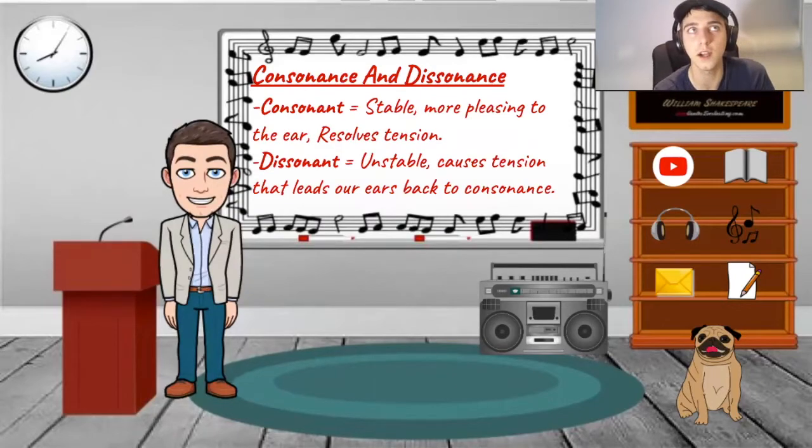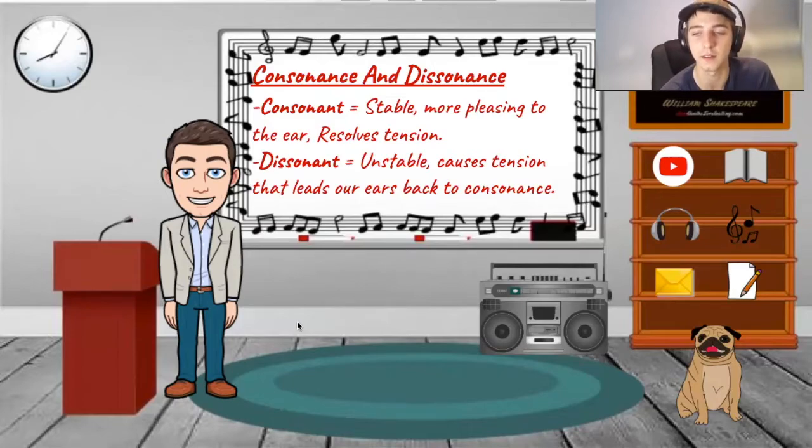So we talked a little bit about tonality and how the different scale degrees sort of function within the scale. That becomes more apparent with intervals. Basically, music is a story of push and pull, of tension and release, and of consonance and dissonance.